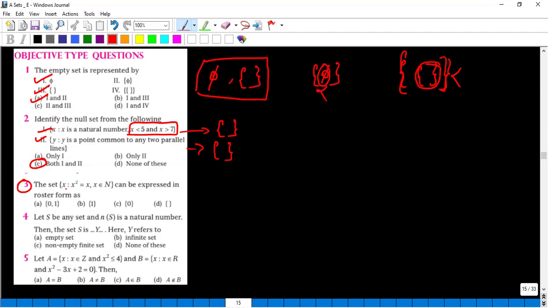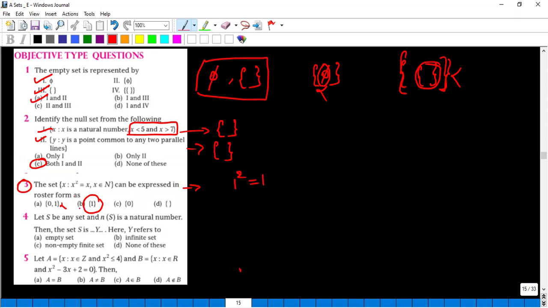The set x such that x square is equal to x and x belongs to N can be expressed in roster form. You need to take a number such that the square of the number is the number itself. Like if I take a natural number 1, 1 square, I can tell the result is also 1. So I will get the set like this.